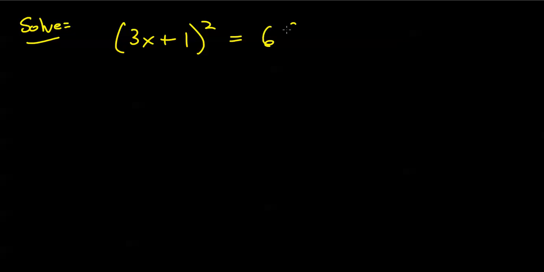Alright, let's go again, move up the ladder, something a little more difficult. Again, we're going to ask you to solve something that looks like this. Now, don't panic. You've got a square of a binomial on the left, a product of a binomial times 6 plus a constant on the right.